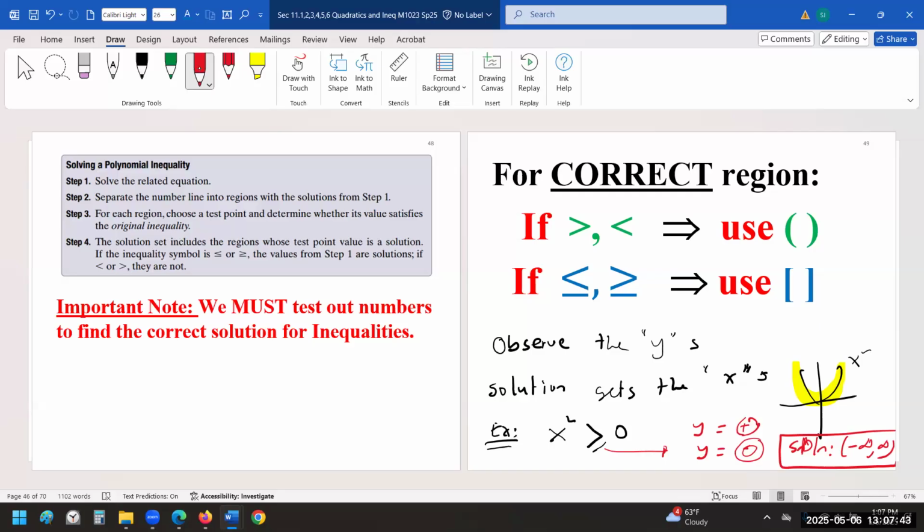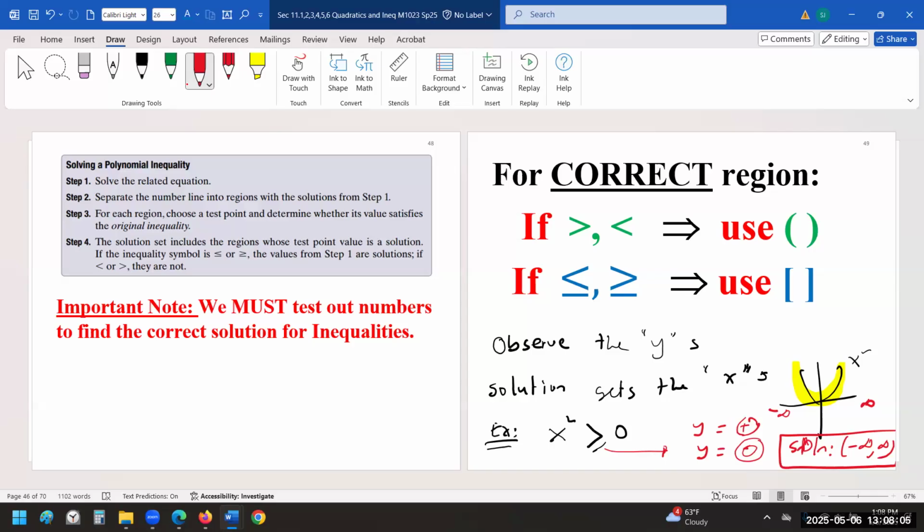The x value will have negative infinity to positive infinity. So for every x value we have in our number line, every y is positive.